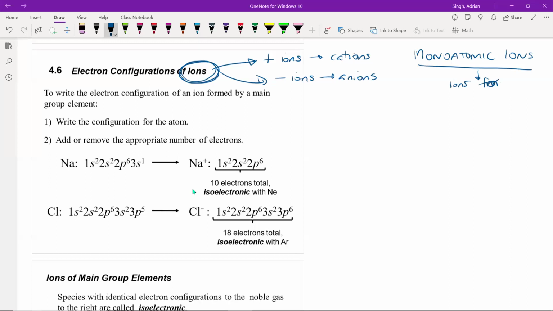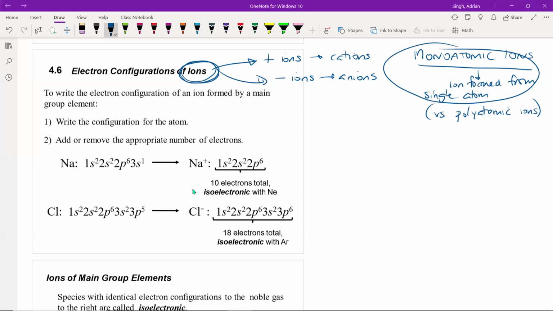So mono there meaning one. Okay, and just as a reference, this is compared to polyatomic ions, which we'll see later on, which are things that have charges, yes, but they're collections of atoms. So we're going to focus just on these monoatomic ions.